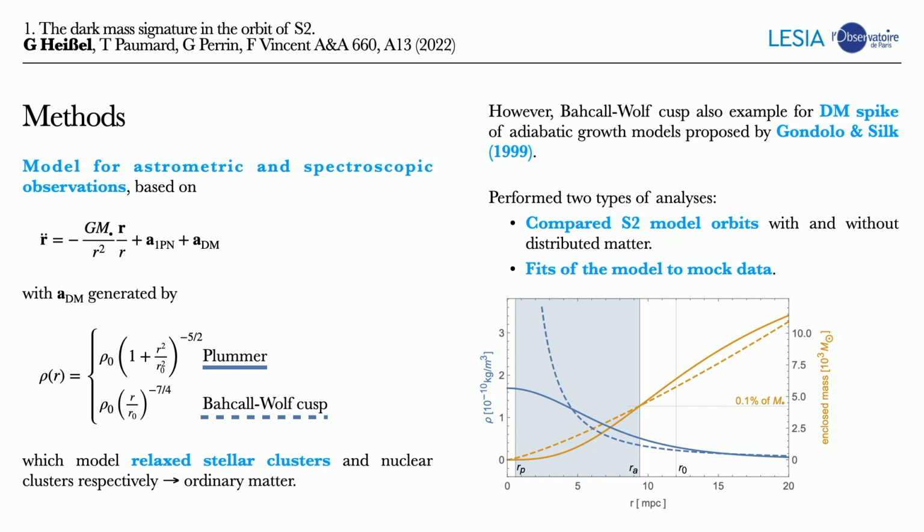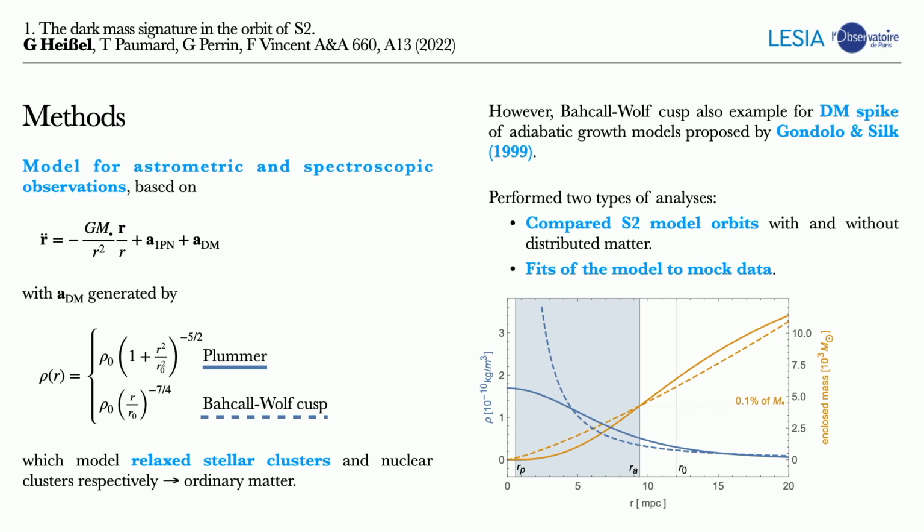but also the Bahcall-Wolf cusp here, so that would be the nuclear cluster, also has a profile which fits actual dark matter models. So for example, if you think of cold dark matter spikes as proposed by Gondolo and Silk, they have also a power law distribution like that with exponents in the range where this falls in.